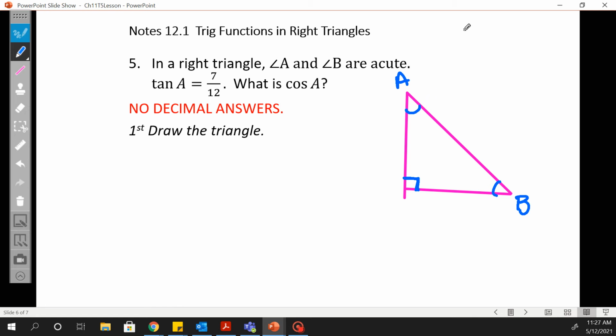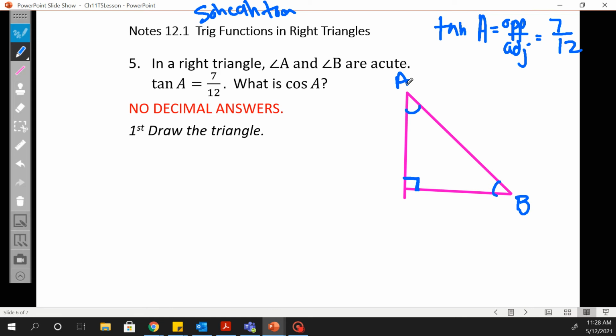Alright, so we know that the tangent of A is equal to 7 over 12. But remember the tangent is TOA, opposite over adjacent. So that's 7 over 12. So if we're looking at angle A, this is the opposite side, so that's 7. This is the adjacent side, so that's 12.